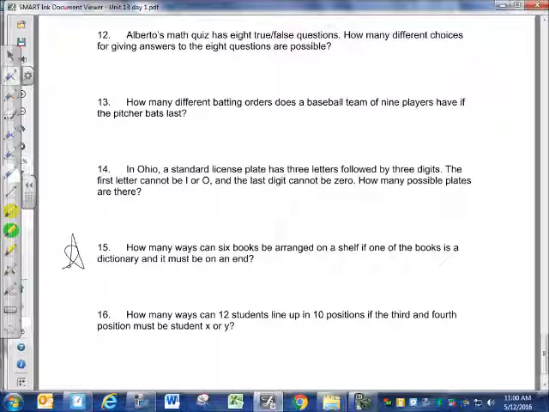Do number 15. Do number 15. I haven't seen anybody do it right yet. That's right. Dictionary is a book.